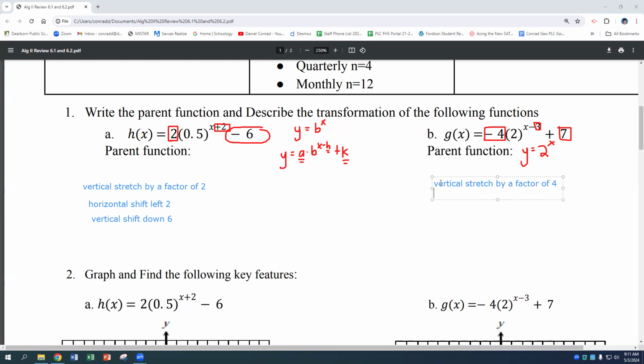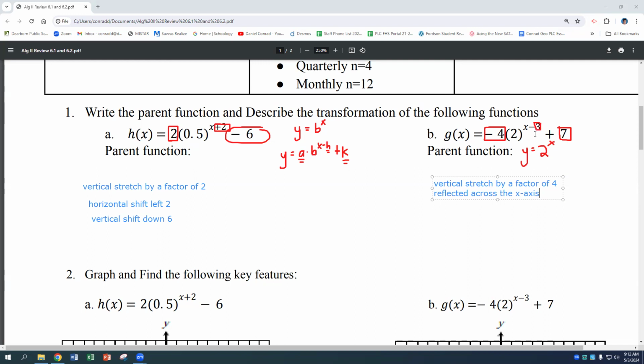But it's also going to tell us that it's reflected across the x-axis because it's negative. That means it's getting flipped down across the x-axis. So the -4 tells us it's flipped down because it's negative, and it's a stretch because the absolute value of -4 is 4, and 4 is bigger than 1.